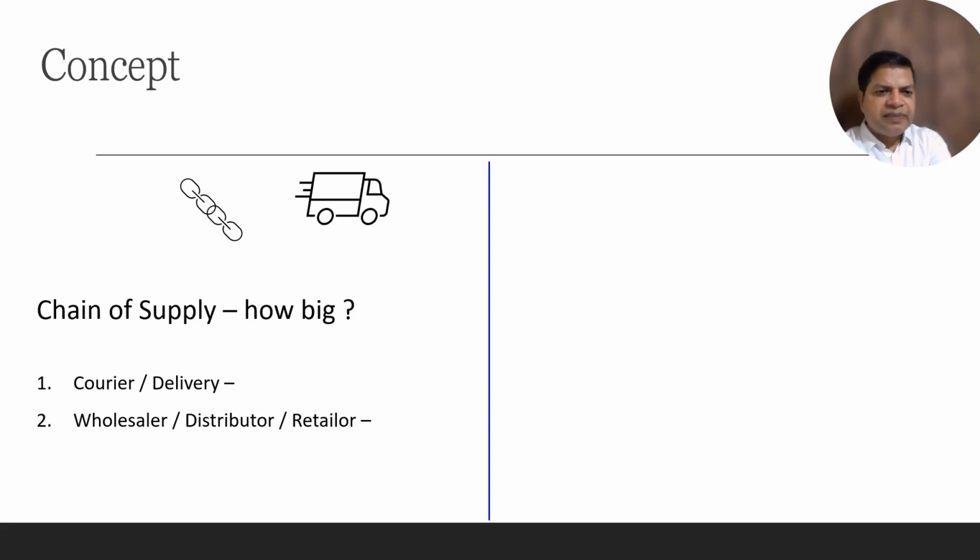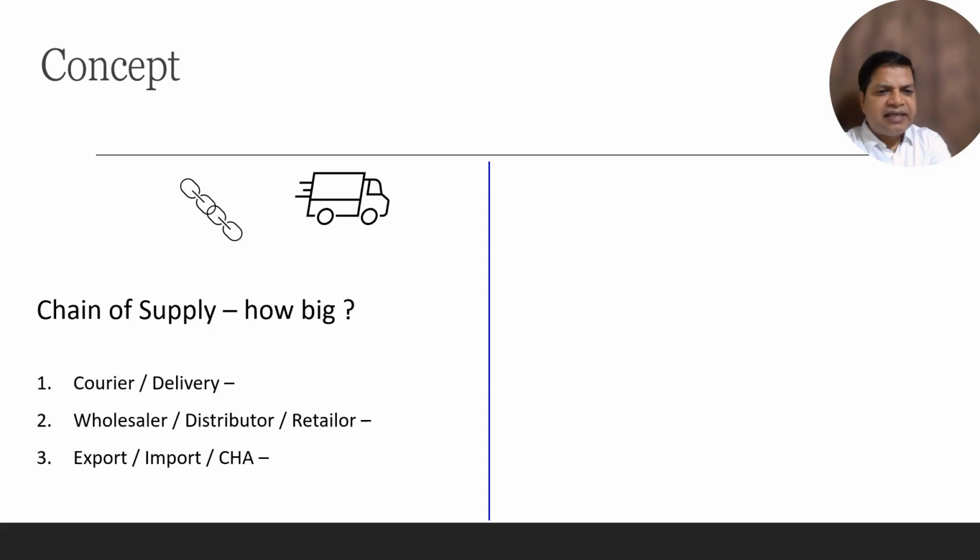A distributor who is basically responsible for distributing the goods from one location to another. A retailer, where people go, purchase something from the retail and come back home, or the retailer is taking material from the distributor. So we can understand the complexity and how the material flow happens in such types of industry. So we can categorize the size of the chain of supply: the second and third are almost medium, however the first company is small.